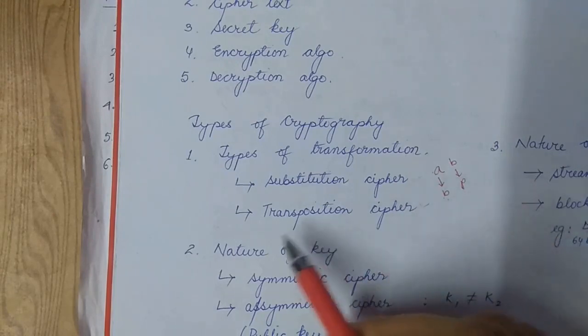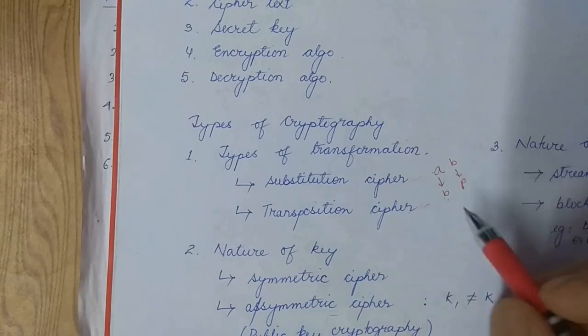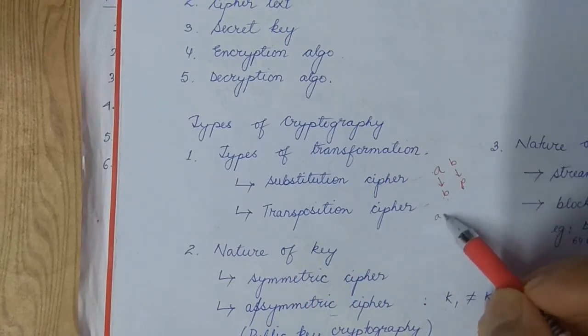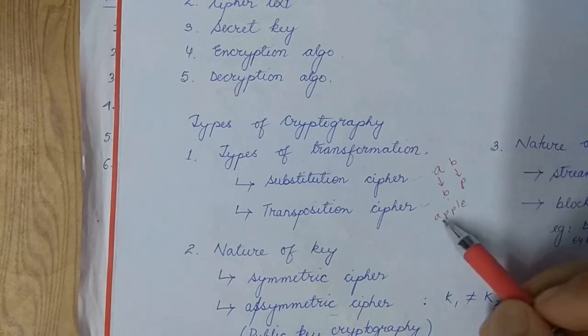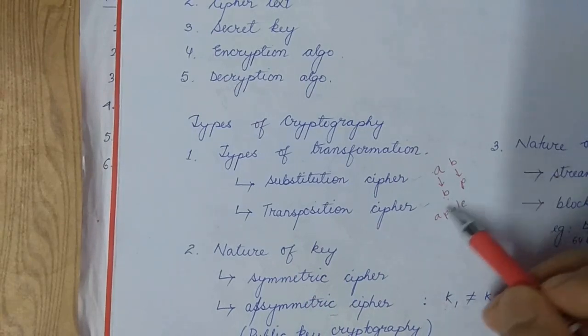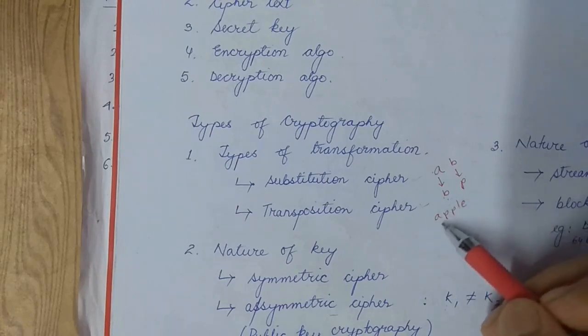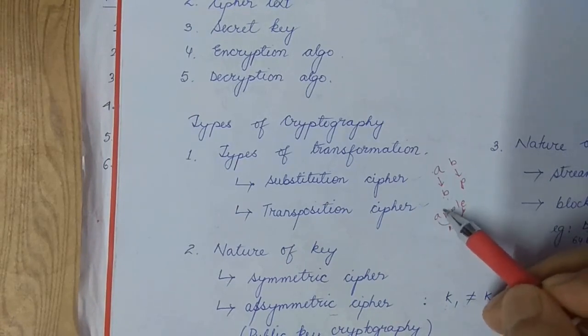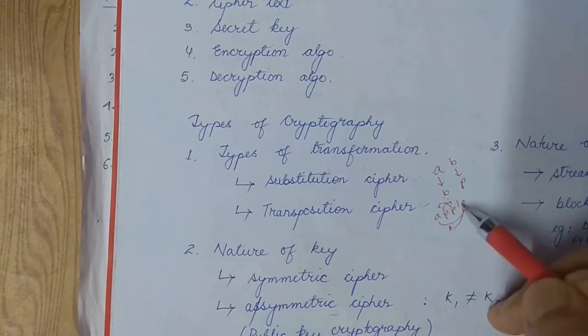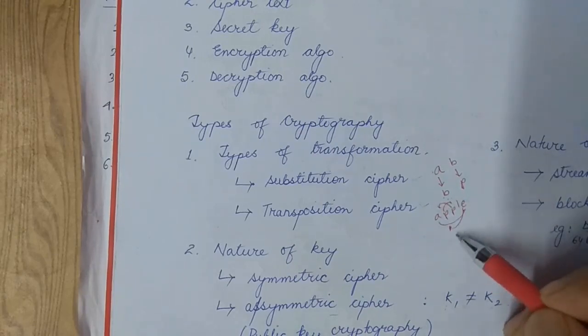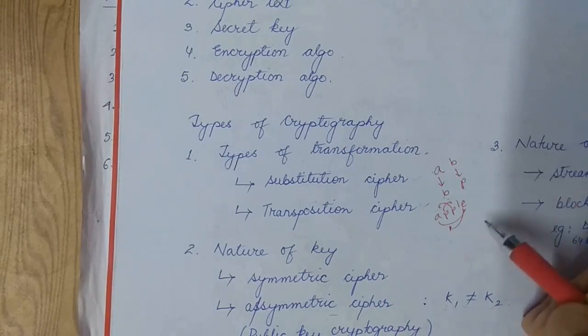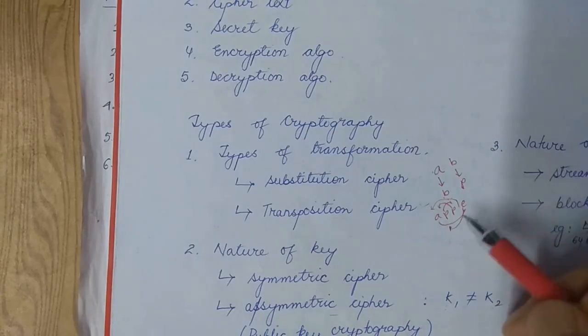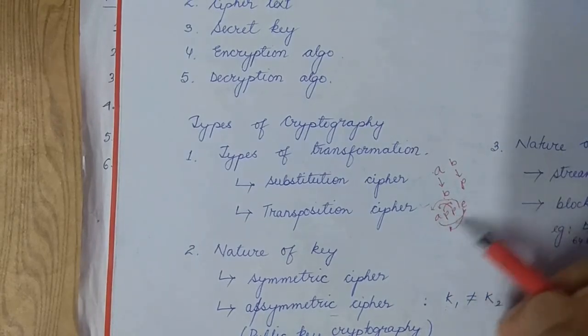Next is the transposition cipher. In transposition, we are not substituting the letter with any letter of the alphabet, but rather rearranging the letters in that particular word. Transposition means we are changing the positions. Maybe A comes last, E comes second, P comes here, and L may remain the same. It is just a permutation of the positions.